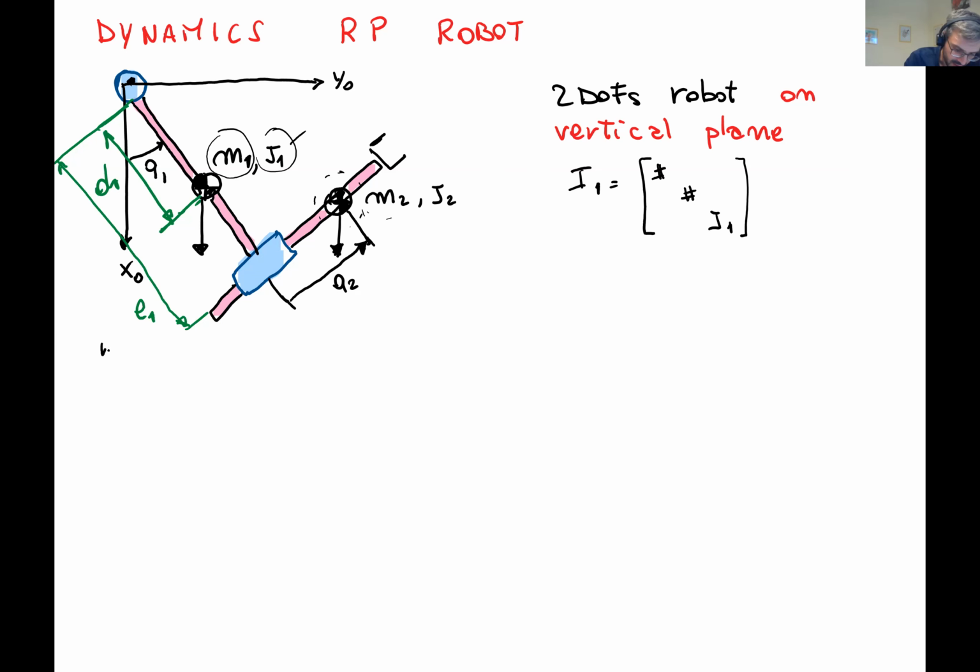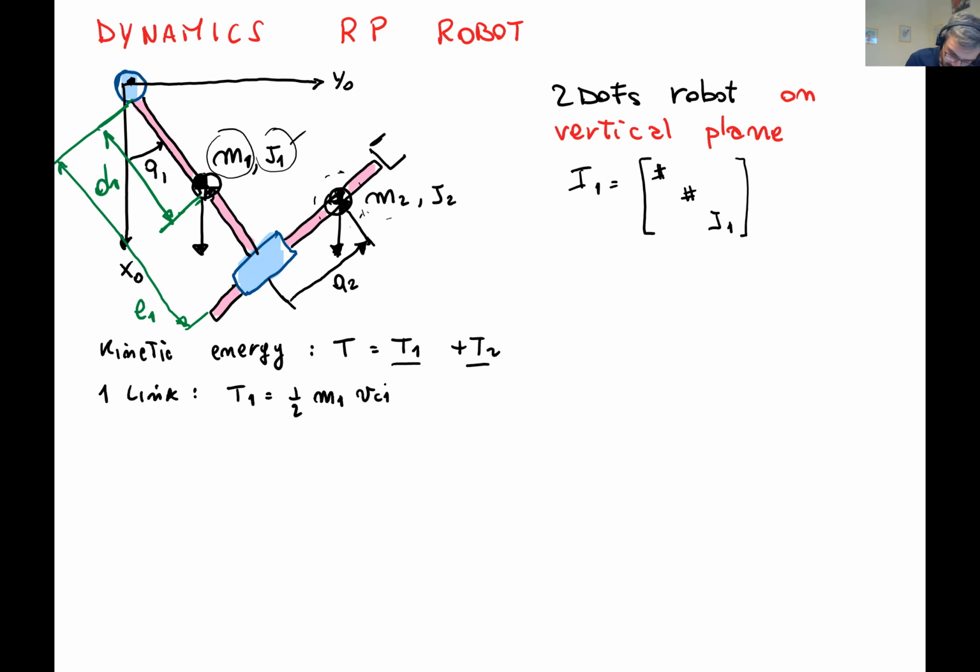So to compute the kinetic energy, let's use the second Koenig theorem, that allows us to write the kinetic energy for the two links. So the total kinetic energy is the kinetic energy of the first and the second link. For the first link, using the Koenig theorem, we get T1 = 1/2 M1 VC1 squared.